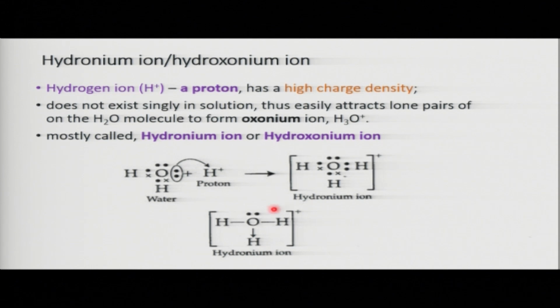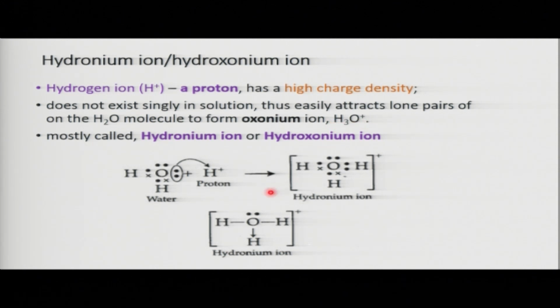So this is where the names come about: hydrogen ion, a proton, because it is simply made up of one proton in the nucleus; hydronium ion, or hydroxonium ion, because it is coming from oxygen, H3O+.